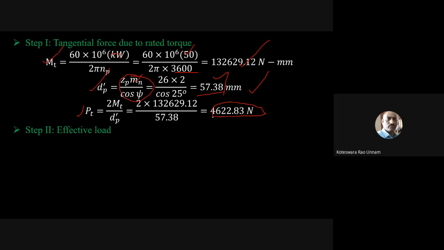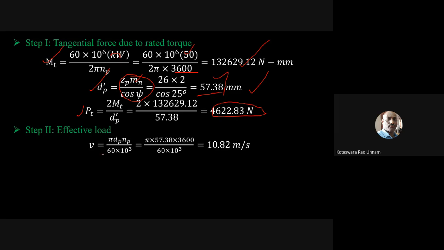Then from this pt, you can calculate the effective load. Effective load is nothing but your cs into pt plus pd, or if you want to go for Buckingham equation, you have to use pd. Or if you want to use velocity factor approach, CS into CV into PT. That is going to be the effective load.